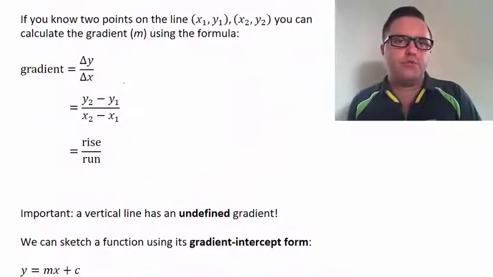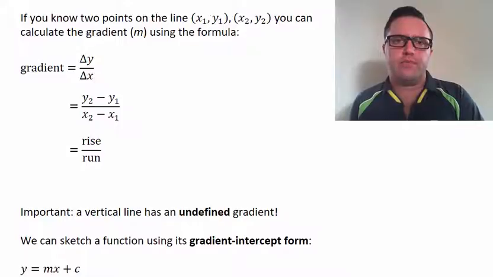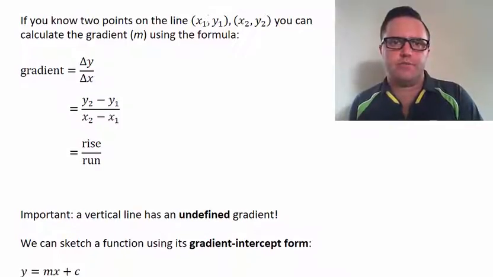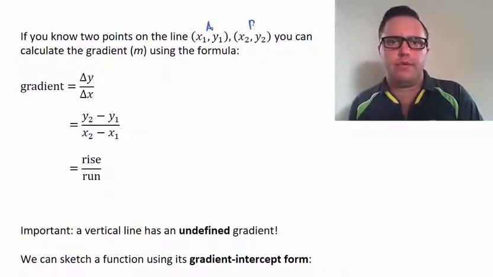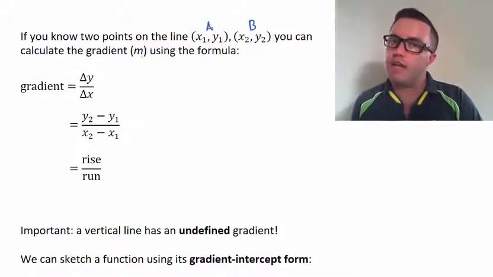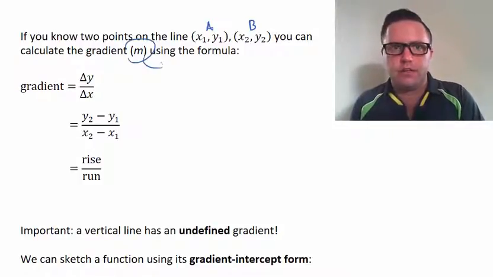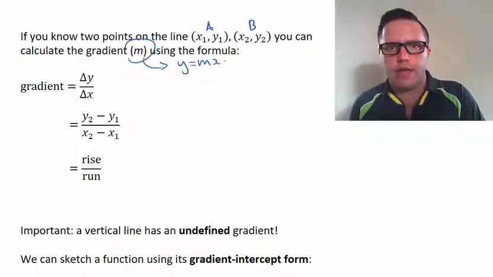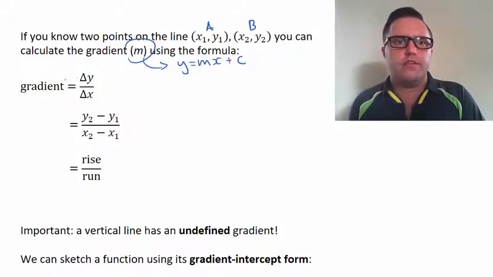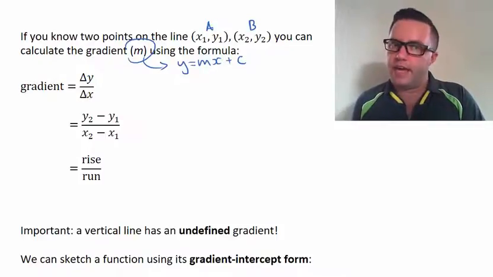Now if you know two points on the line, so x1, y1, let's call that point A, and point B, x2, y2, you can calculate the gradient m from our y equals mx plus c using delta y over delta x.